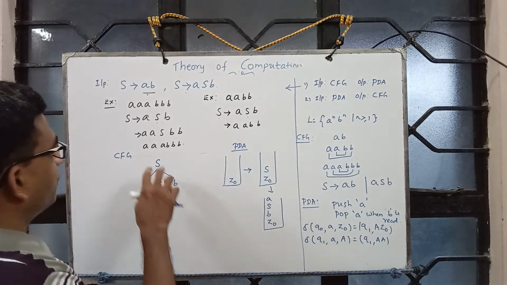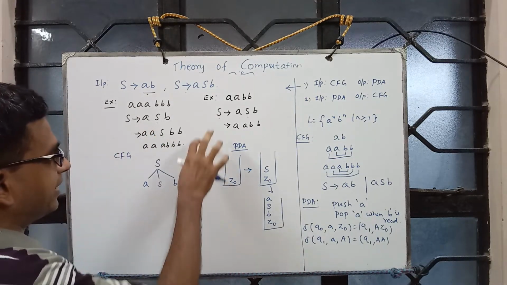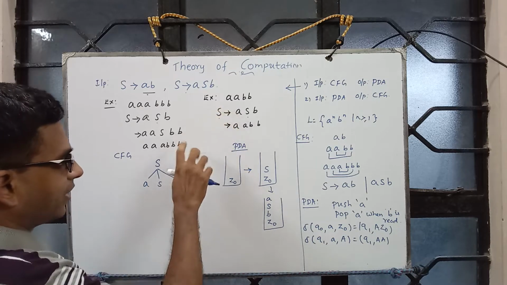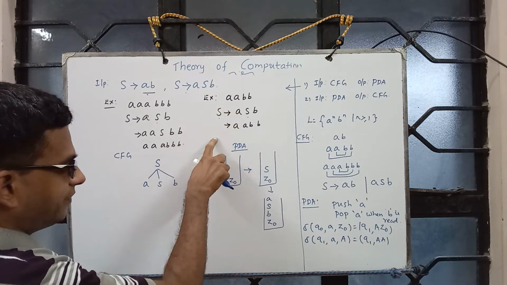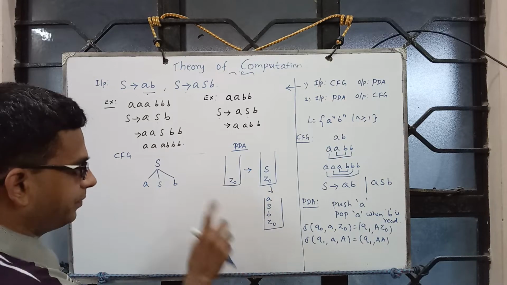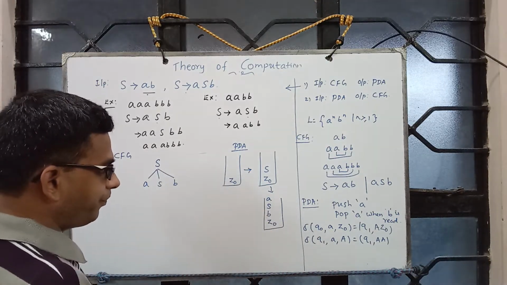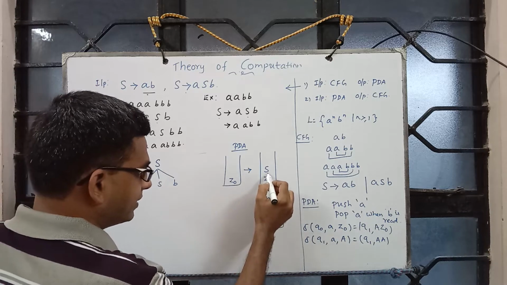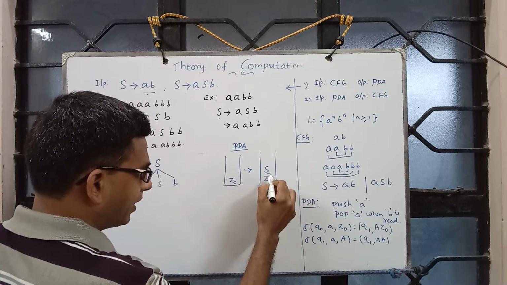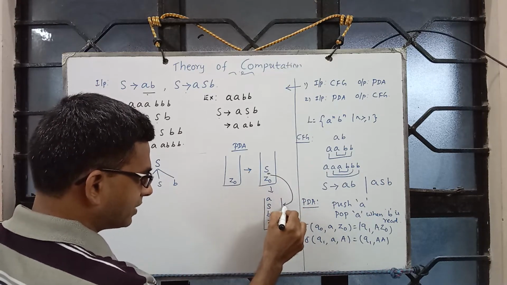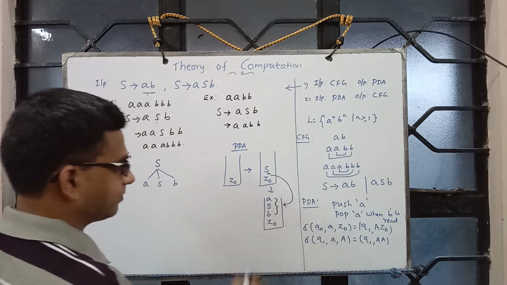So I'm trying to generate this string. The objective is to map this derivation with the PDA construction. Now, when I see a non-terminal, I replace the non-terminal with its corresponding production.